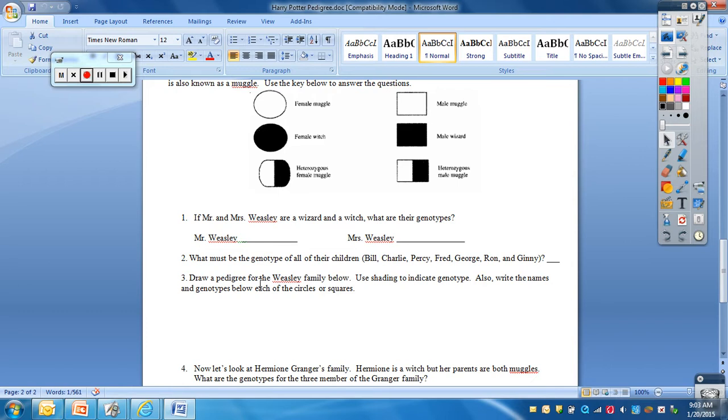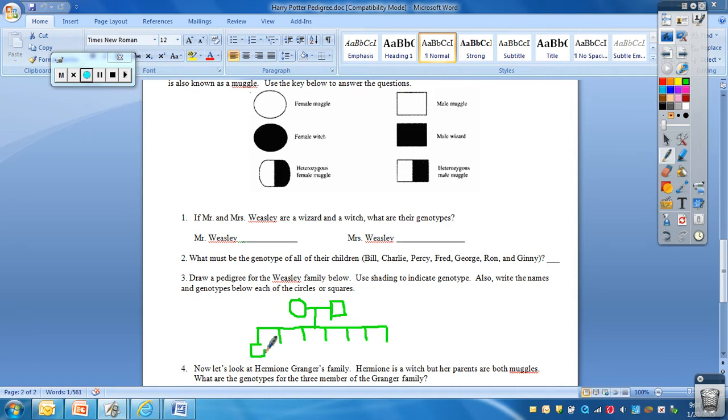It says draw a pedigree for the Weasley family below, using the shading to indicate genotypes. Also write names of the genotypes. So quickly, that's Mrs. Weasley, that's Mr. Weasley, and they have 1, 2, 3, 4, 5, 6, 7 kids.